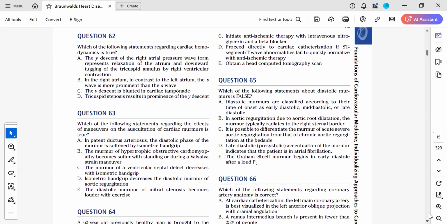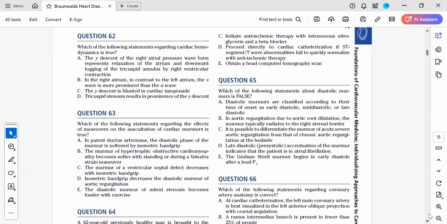During atrial emptying, most of the blood is now transmitted through the atrioventricular valves to the ventricles, such that the pressure in the atrium reduces. So those account for the hemodynamic changes seen in the jugular venous pressure waveform.